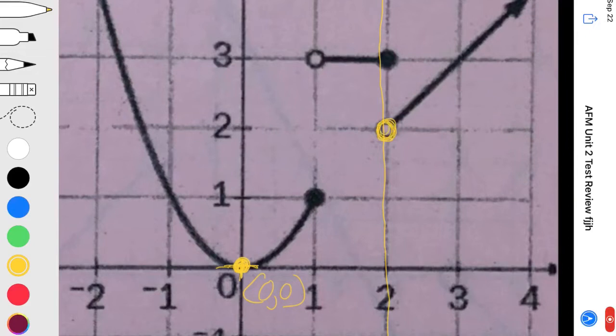It's not included, so this is not a point. So I'm only looking at this point here. I'm coloring in. So at this point, the ordered pair is 2, 3. So when x is 2, y is 3.